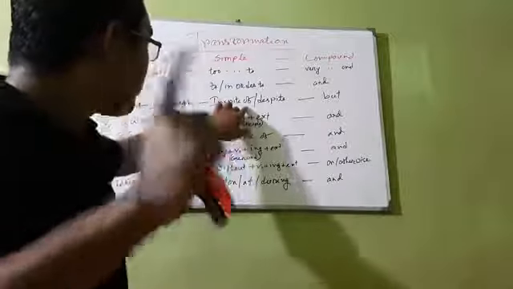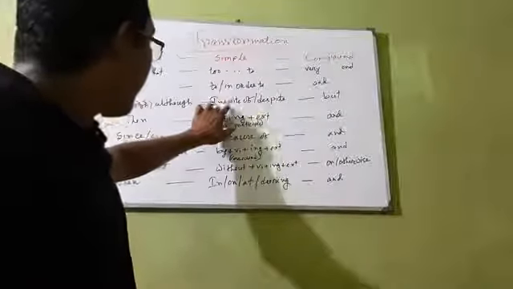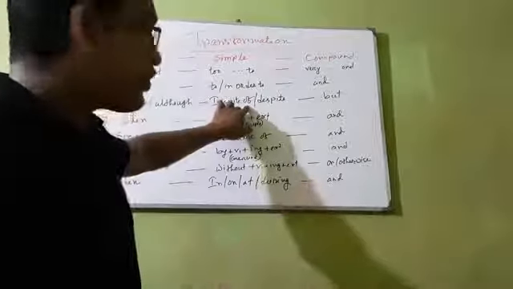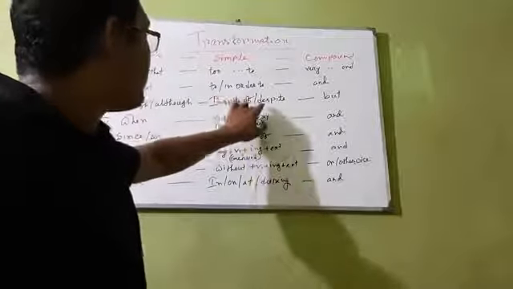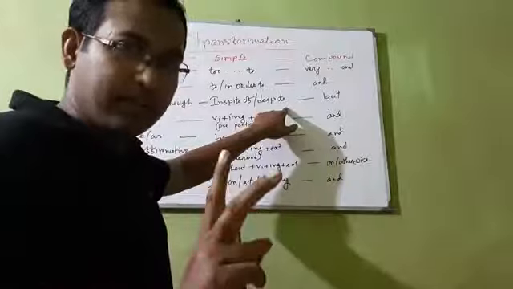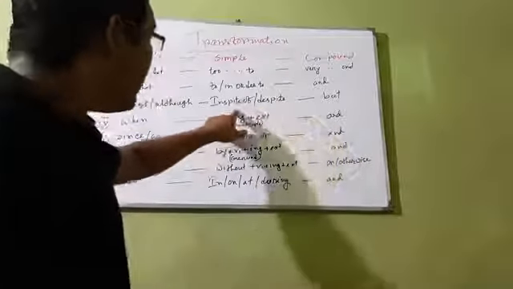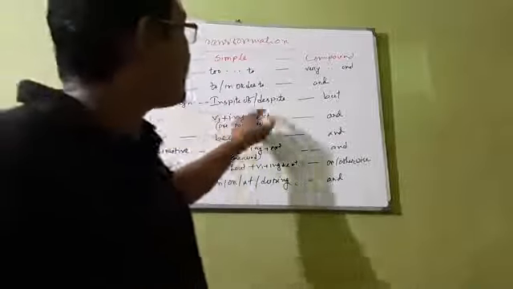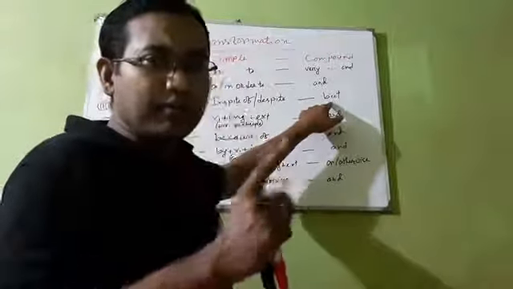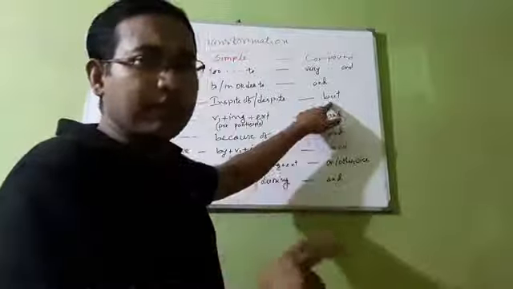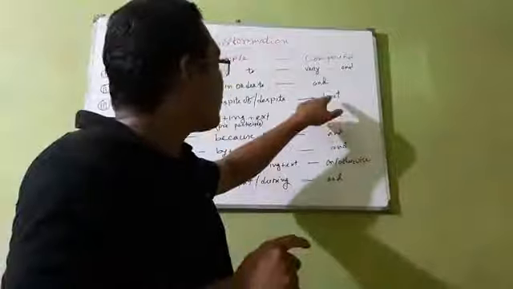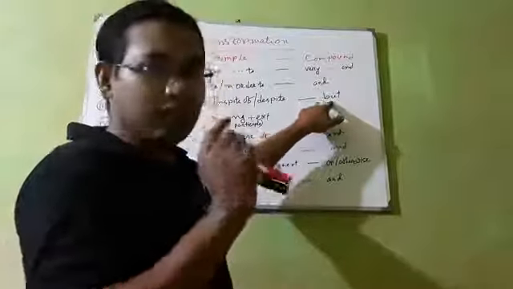One thing should be noted here: in spite takes a preposition after it, and this preposition is of, but there is no preposition after the word despite. Clear? And if you are told to make this sentence into compound, you have to use but in the middle of the sentence. That means between these two clauses you have to use the connector or conjunction but.